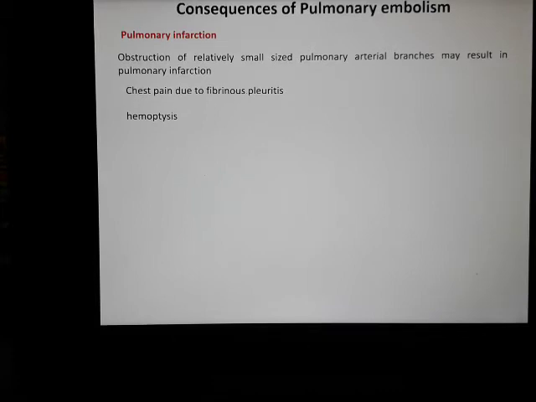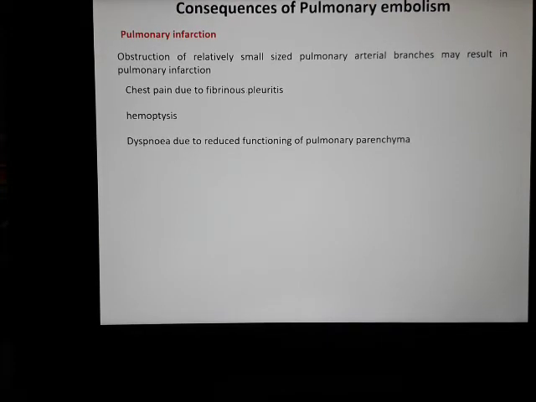There may be hemoptysis, that is, blood may come through the mouth. And dyspnea due to reduced functioning of the pulmonary parenchyma, because there will be obstruction to the arterial branches, so the pulmonary parenchyma may function less.